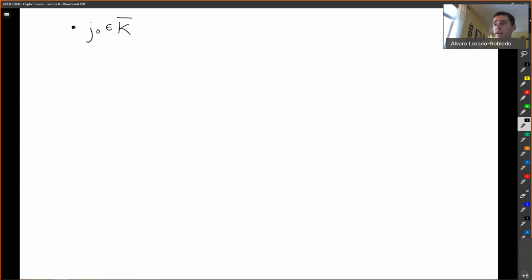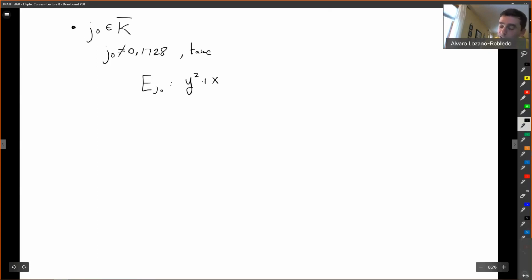If j is not 0 or 1728, then take E to be the elliptic curve given by the model y squared plus xy equals x cubed minus 36 over j naught minus 1728 x minus 1 over j naught minus 1728.